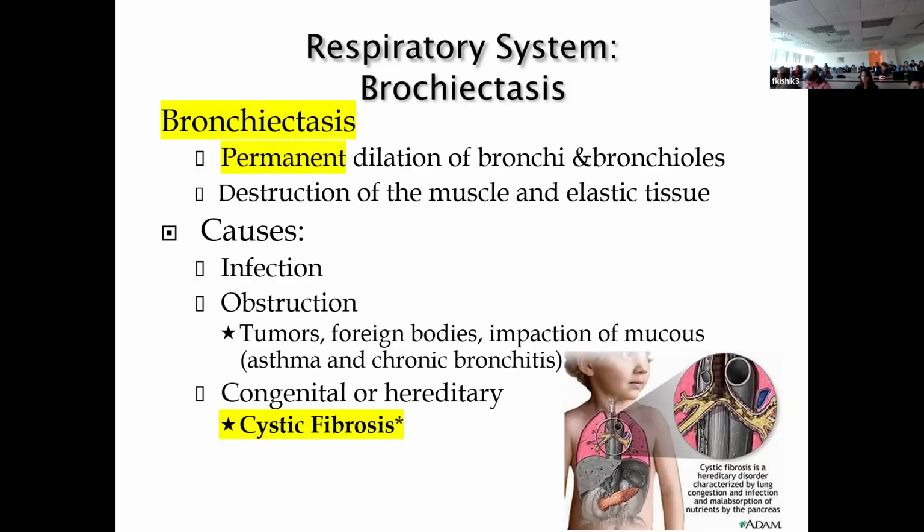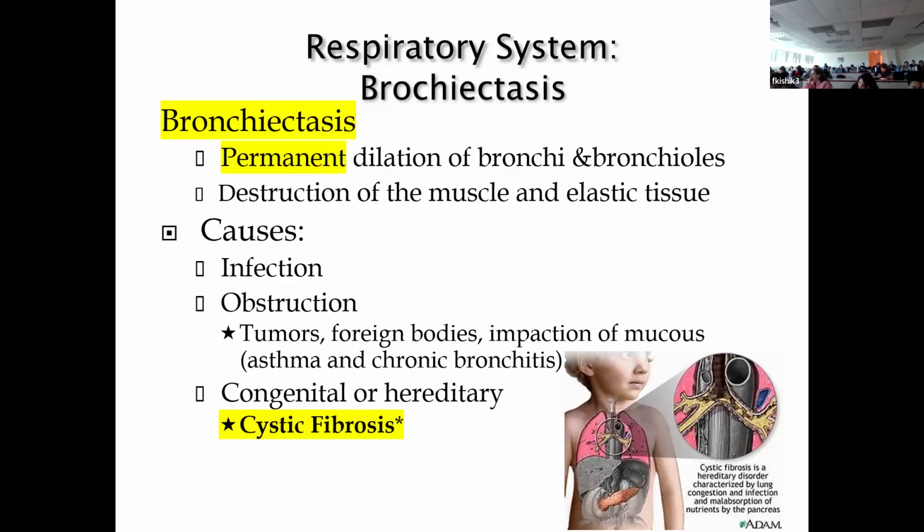Okay, bronchiectasis: permanent dilation of the bronchi and bronchioles, destruction of the muscle and elastic tissue. This is kind of like your really bad chronic infection pneumonias. You're going to have dilated airways just from crap being in there all the time. A lot of junk and a lot of secretions there.